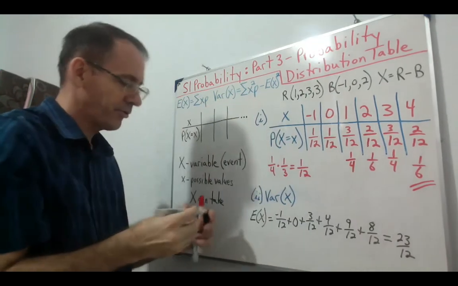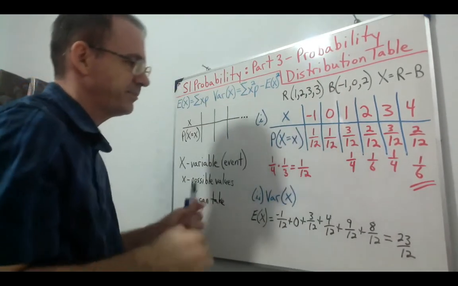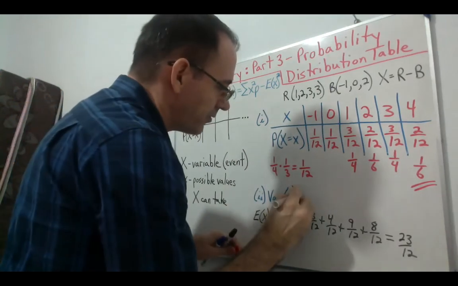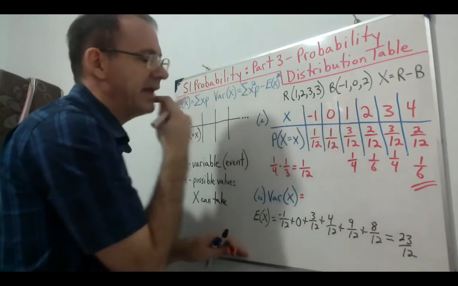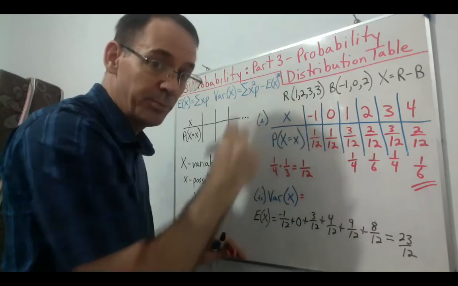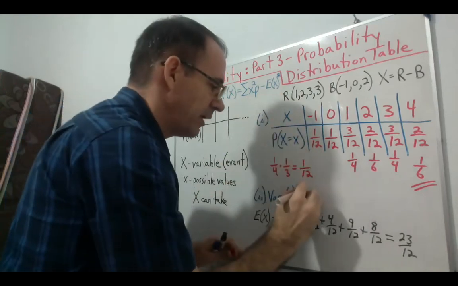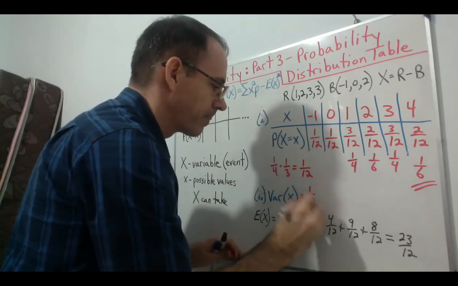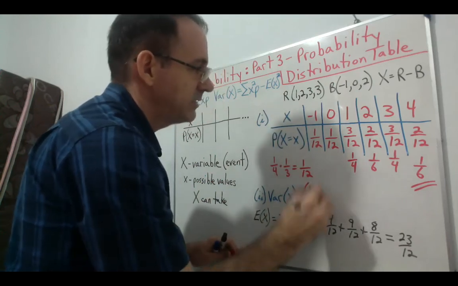Now we can go through and do the variance part. So for the variance, you square the x and then multiply. So squaring a negative 1 gives you positive 1 times 1/12, plus 0.